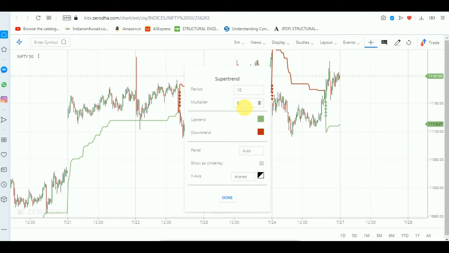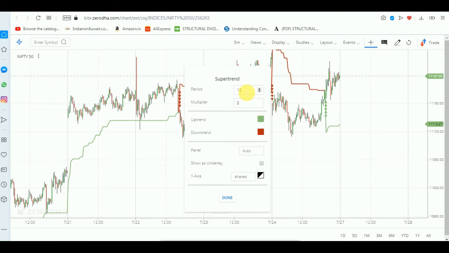And this calculation is related to the ATR, the other indicator called Average True Range. It is also a technical indicator, and this Super Trend, especially the multiplier calculation, arrives from the ATR movement.